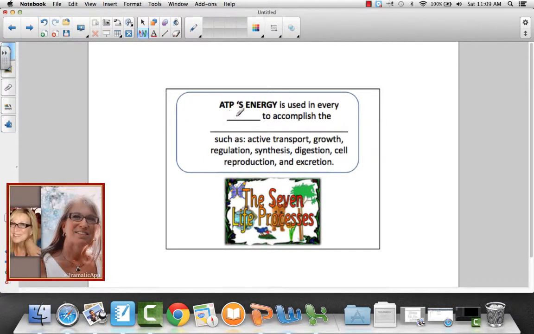ATP's energy is used in every organism to accomplish the life processes. And we talked about those in another unit. Active transport, growth, regulation, synthesis. Remember, synthesis means to make, digestion, cell reproduction, and excretion.